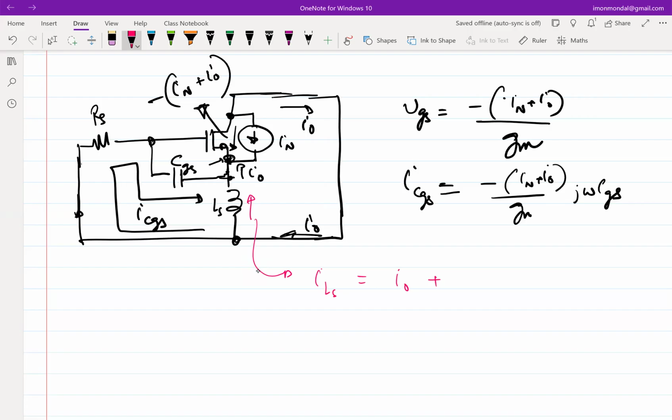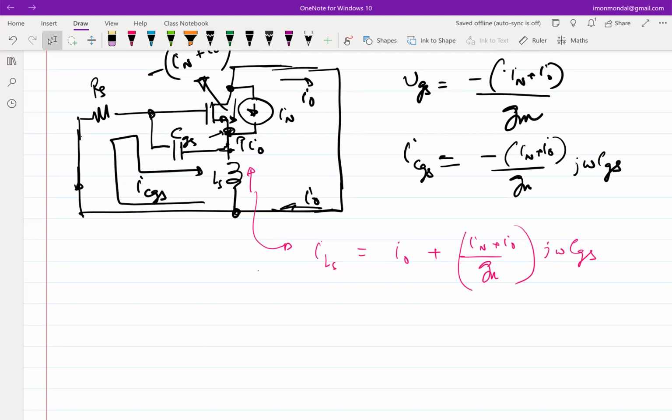So I naught plus IN plus I naught over GM J omega CGS. So what I'll do now, I have both the currents. I'll do a KVL in this loop. Then I'll have another equation to get the relationship between I naught and IN.